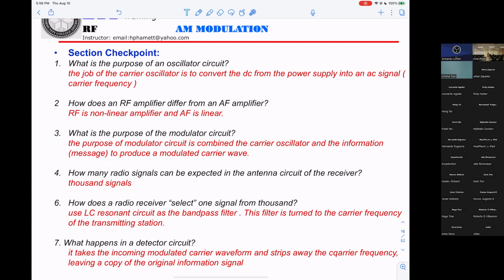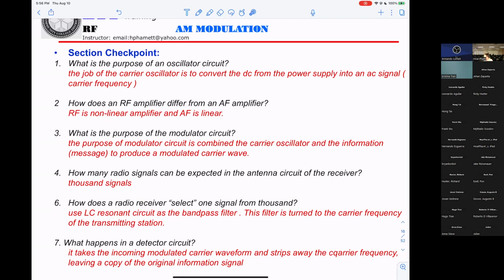The answer will be the LC resonance circuit and the band pass filter. This filter is tuned to the carrier frequency of the transmitting station. That's why when you tune your radio, that means you're looking for the signal frequency you want. They're using LC resonance circuitry.